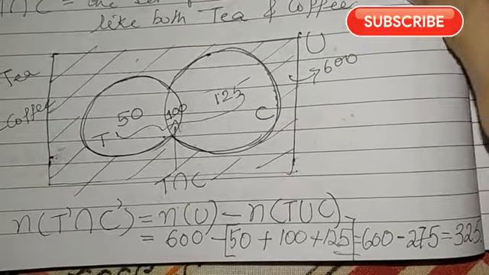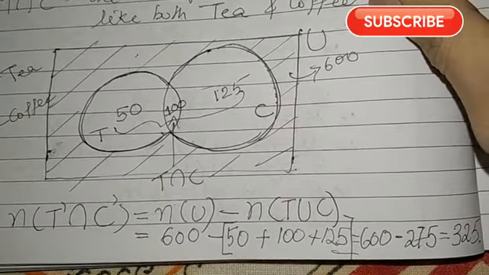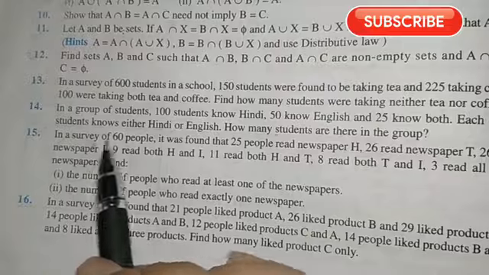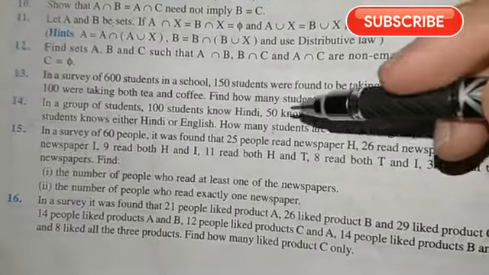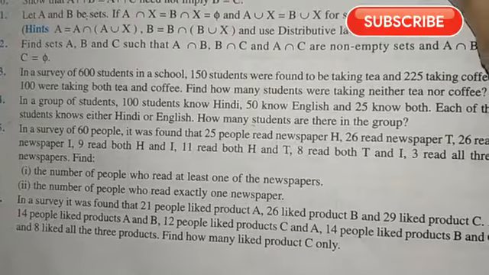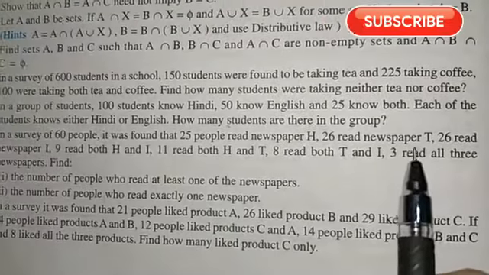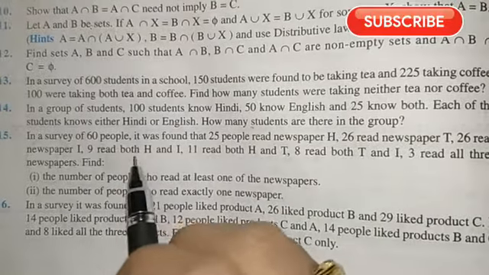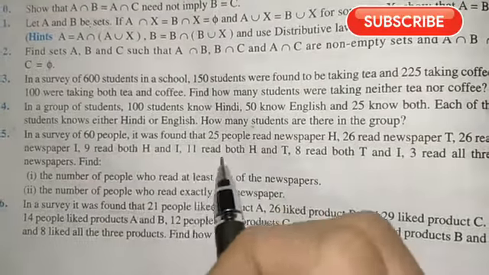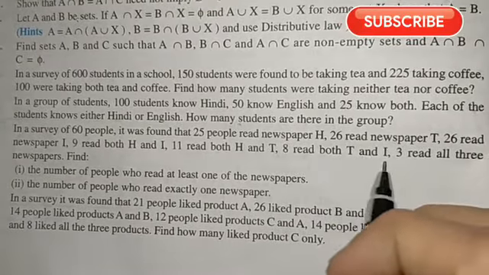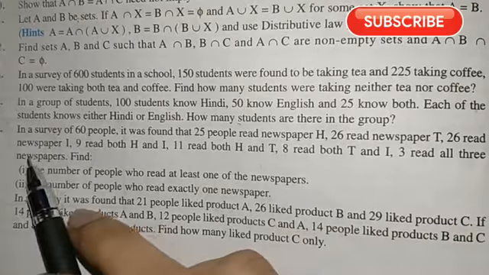Now let us go to the 15th problem. In a survey of 60 people, it was found that 25 people read newspaper H, 26 read newspaper T, 26 read newspaper I, 9 read both H and I, 11 read both H and T, 8 read both T and I, and 3 read all 3 newspapers.